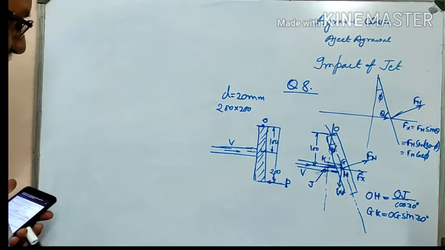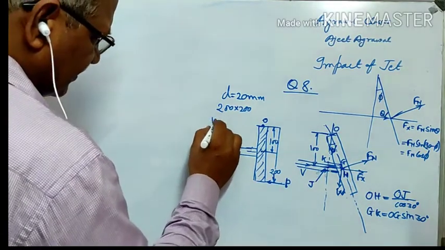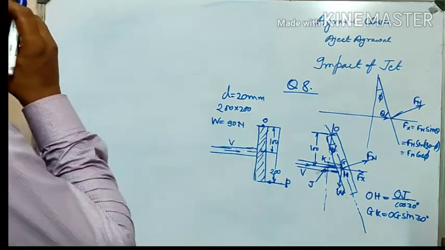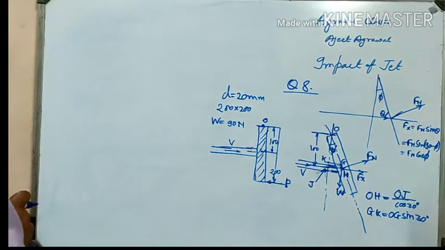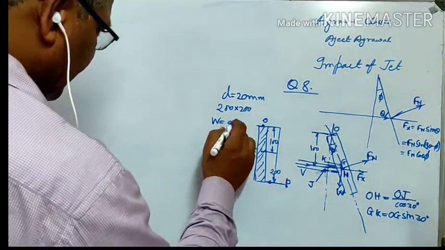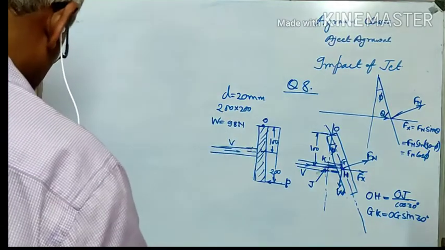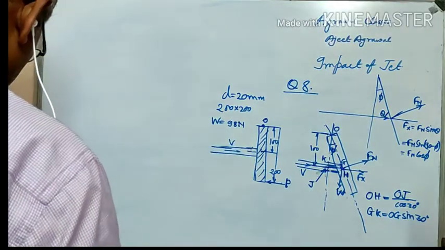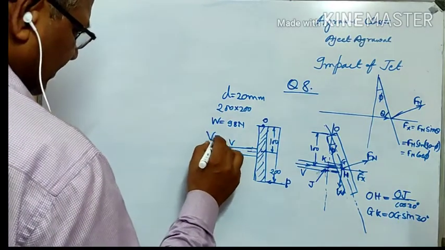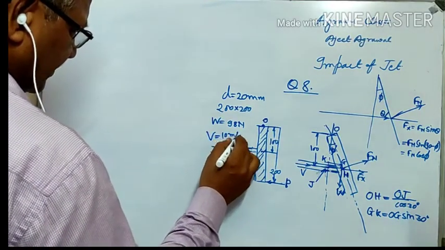The weight of the plate is given as 98 Newton, and the velocity of the jet is given as 10 meter per second.